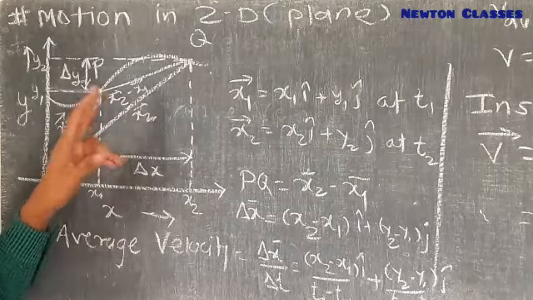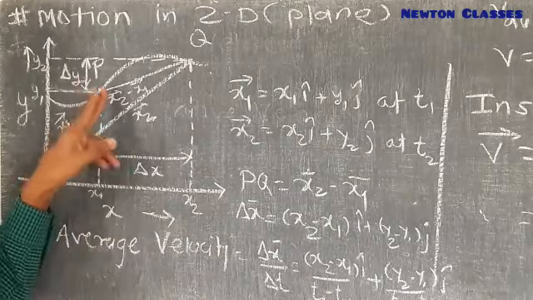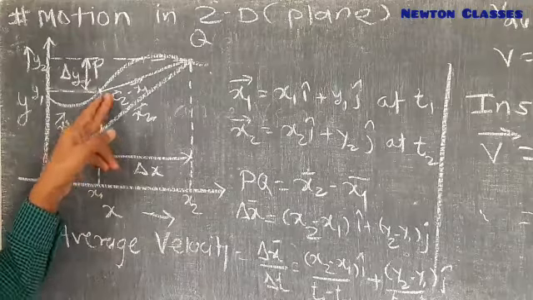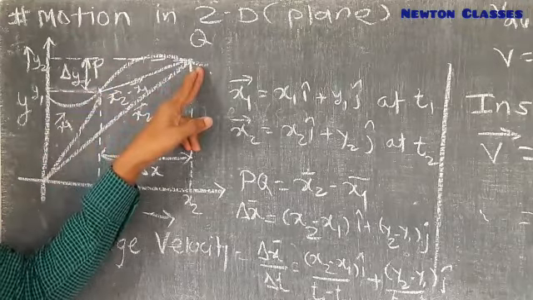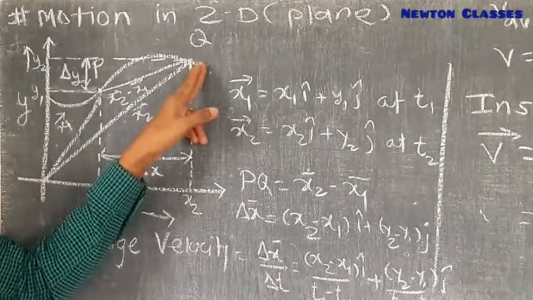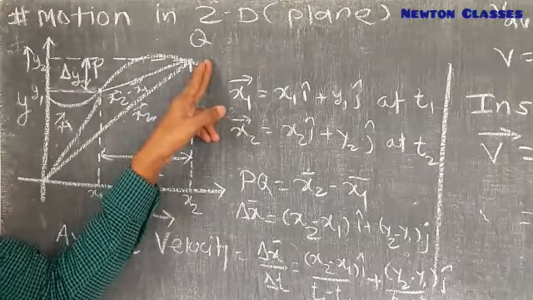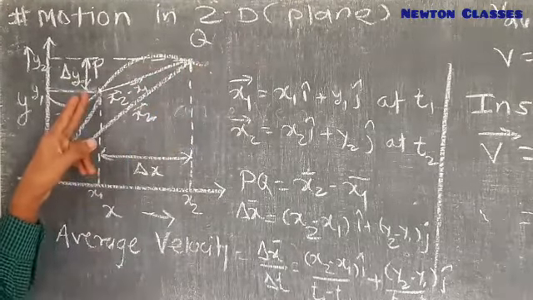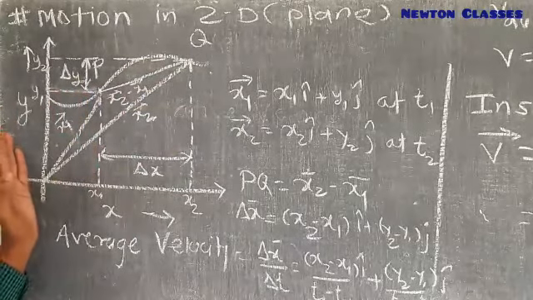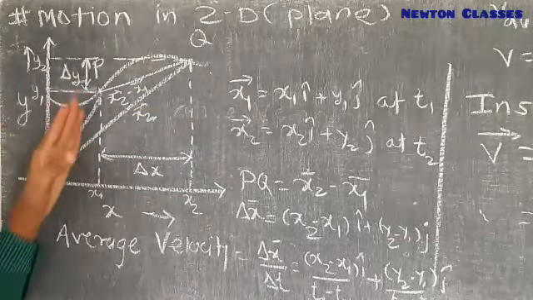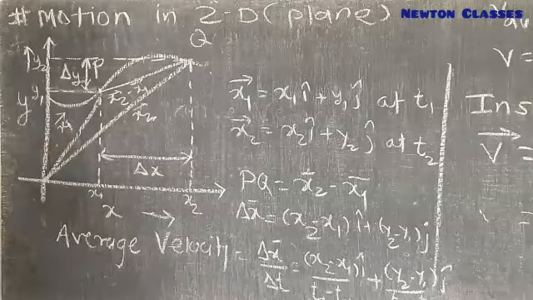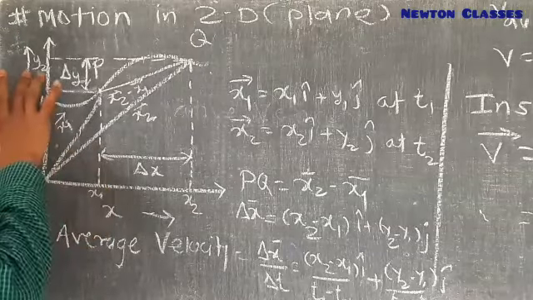Suppose at time t1 the particle is at position p bar, and at point Q the particle's displacement is x2 bar. We can denote displacement by a vector because it contains two components, an x component and a y component.